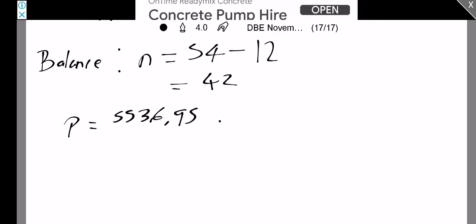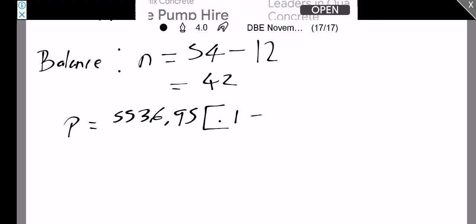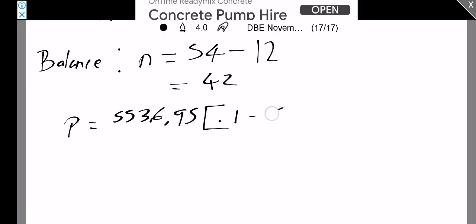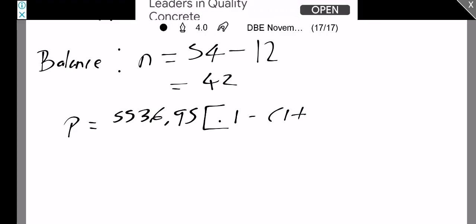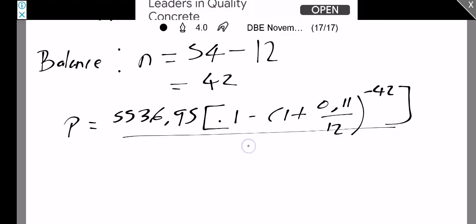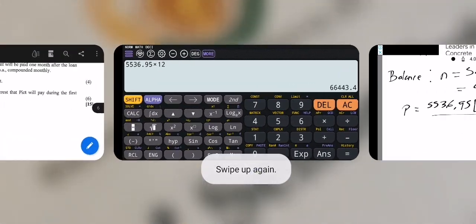5,536.95 into 1 minus, sorry, it is minus for the present value, 1 plus the i I was given, 0.11 over 12. Now the n is no longer 54, it is negative 42, all over 0.11 over 12. Let's punch that in.